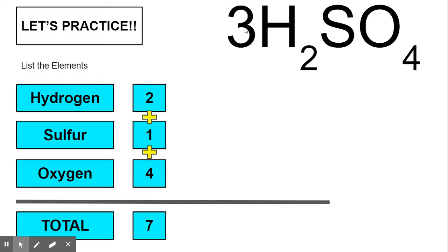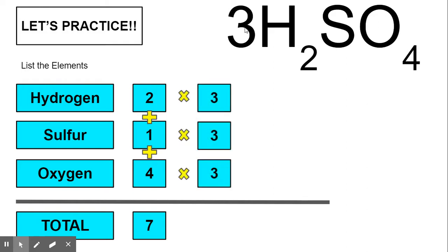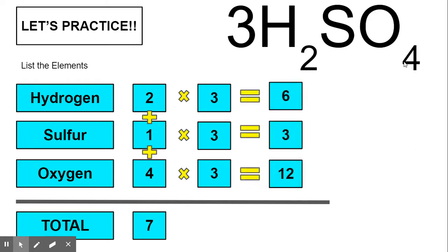So with that 3, we have to multiply each one of the elements by 3. So it becomes 3 times 2, 3 times 1, and 3 times 4. And so when we do that, we get 6 hydrogens, 3 sulfurs, and now 12 oxygens total.